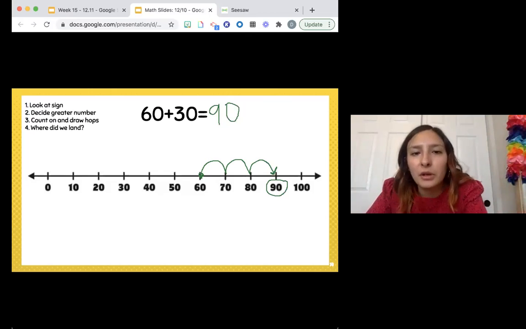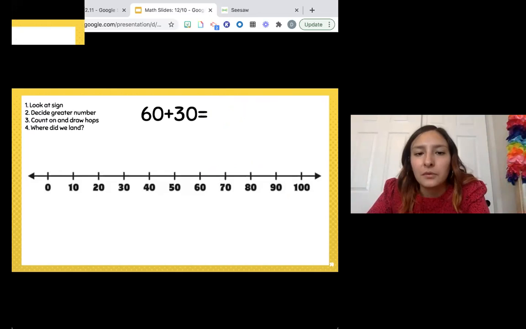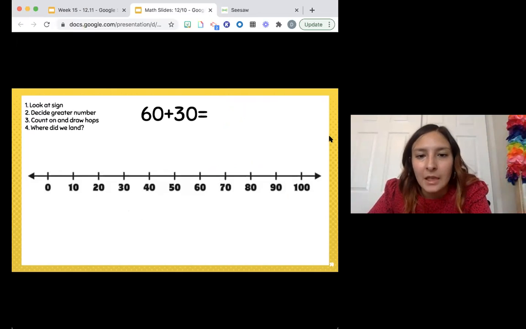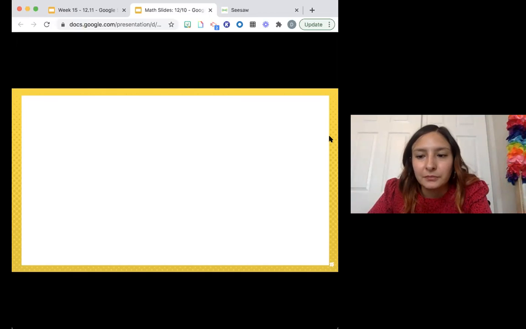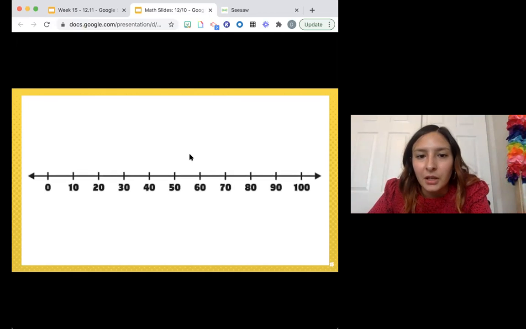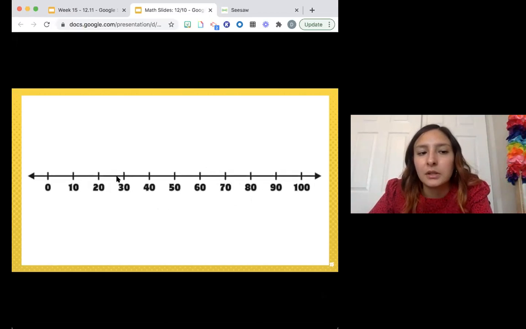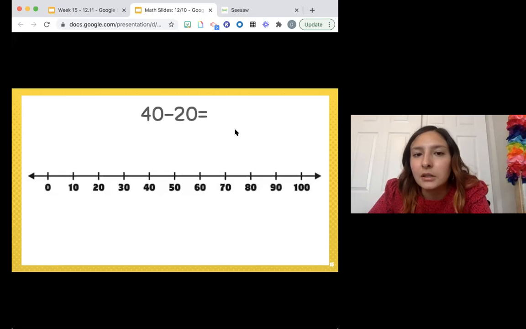Okay, now we have one more equation to solve that you are going to solve independently. Let's check it out. You're going to, again, write this on your whiteboard or pencil and paper. You're going to use this number line. You're going to solve the equation 40 minus 20 equals.